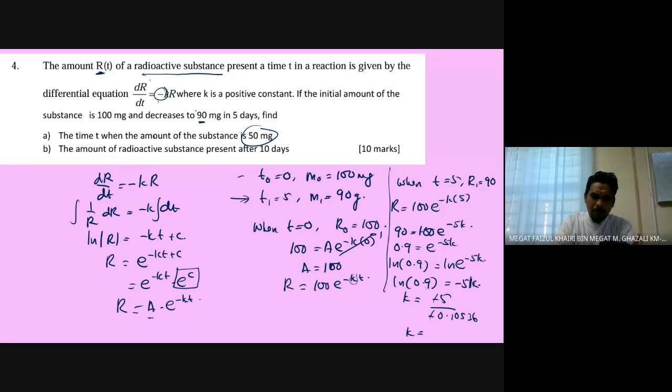Is this right? Natural log of 0.9. Okay. 5 divided by 0.10536.